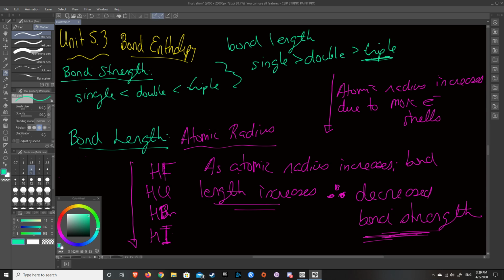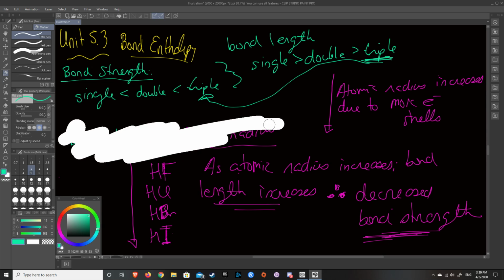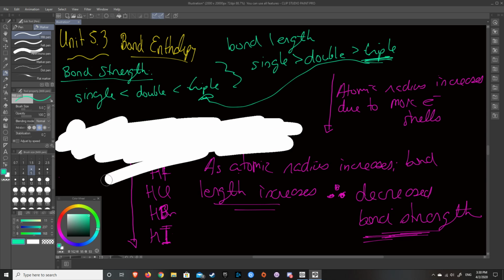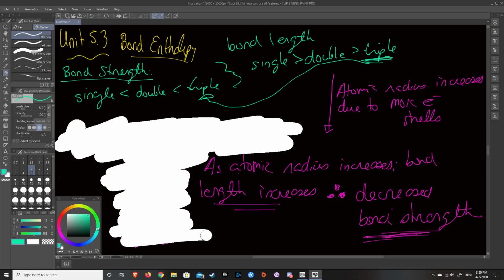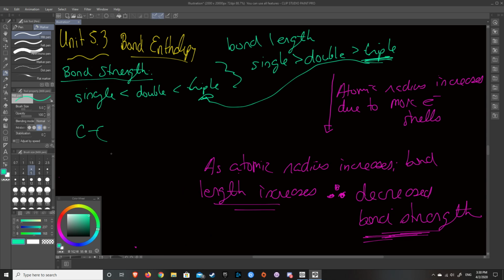So the shortest bond length is the strongest bond. If we just wanted to look at an alkane, an alkene, and an alkyne, let me draw this a little bit better.